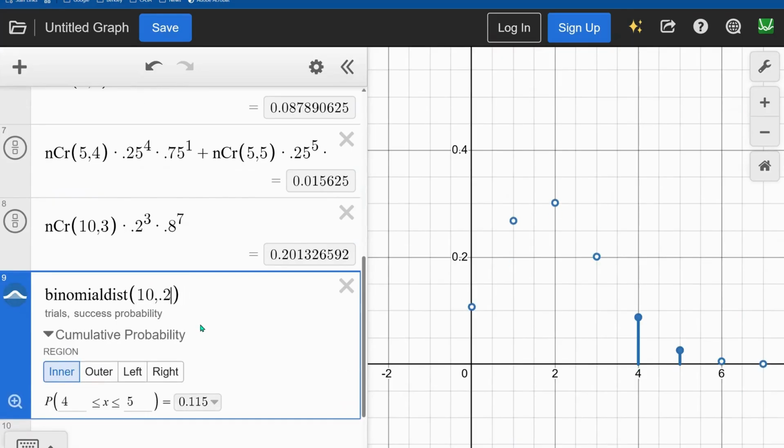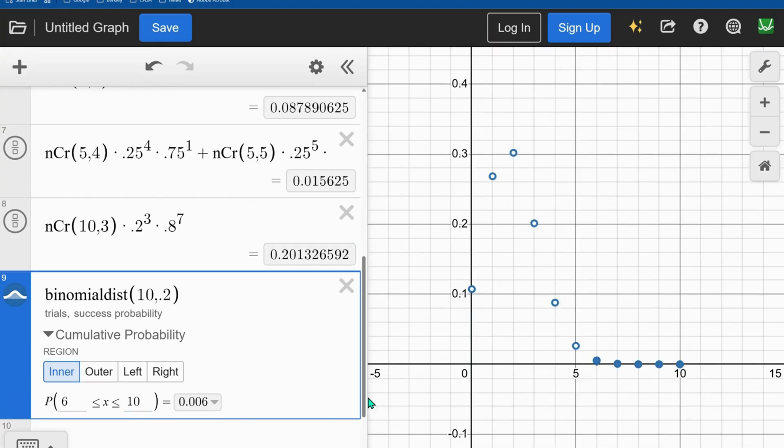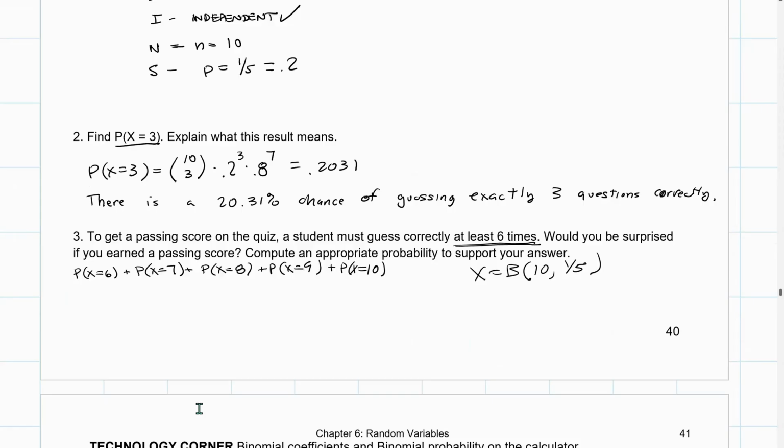We can put a fraction in here, or we can put 0.2, and we want 6 or more, which means going from 6 to 10. As you can see, the probabilities there are really small, and the sum of those probabilities is really small. For the probability that X is greater than or equal to 6, we get a 0.006 probability.